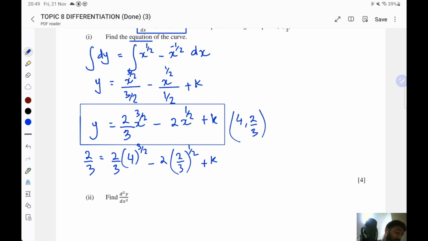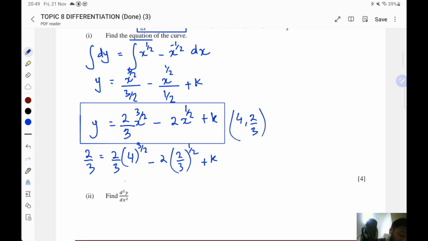So if you simplify this and bring this k to this side, the value of k is going to be minus 2 by 3.